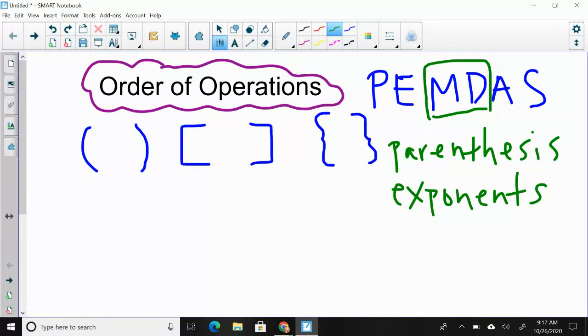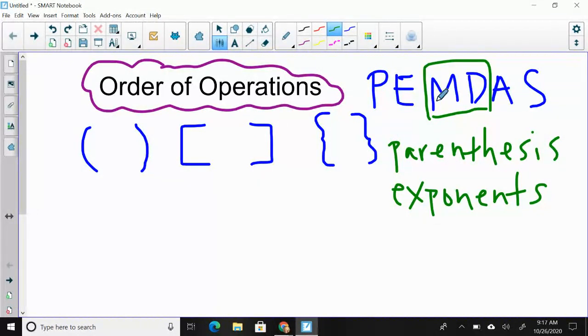But these two operations are equally important. Just because multiplication comes before division in PEMDAS does not mean that you always multiply before you divide.